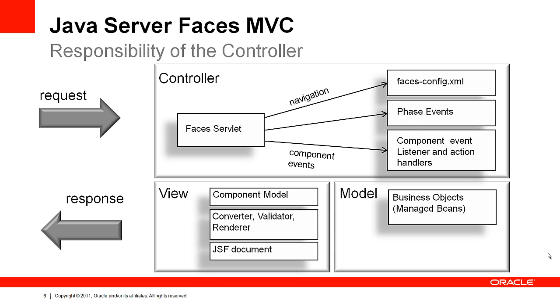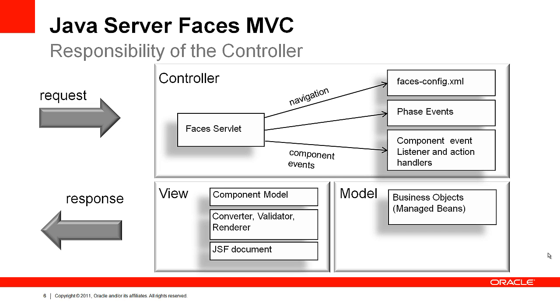Now, the Java Server Faces model view controller, as we can see here on this screen, consists of a controller, view elements, and a model. The starting point of every Java Server Faces request is the Faces servlet, which performs the navigation as defined in the Faces config file and notifies specific phase listeners.